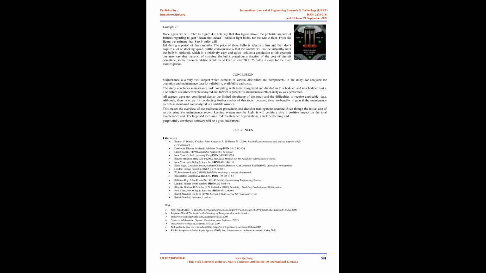The price of these bulbs is relatively low and they don't require a lot of stocking space, but the consequence is that the aircraft will not be airworthy until the bulb is replaced, which is a relatively easy and quick task. As a conclusion to this example, one may say that the cost of stocking the bulbs constitutes a fraction of the cost of aircraft downtime, so the recommendation would be to keep at least 20 to 25 bulbs in stock for the 3 months period.